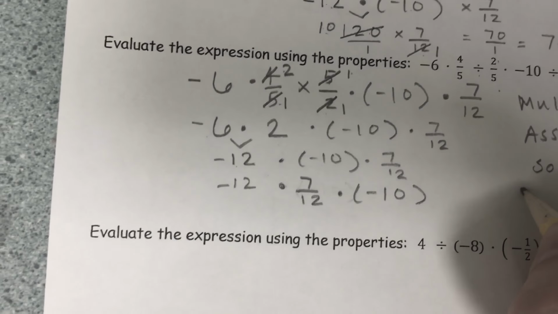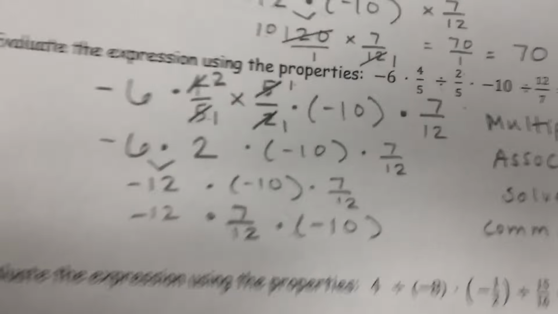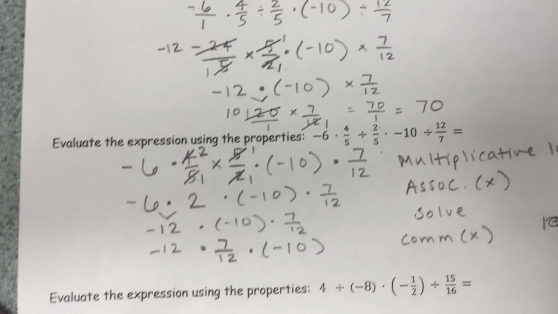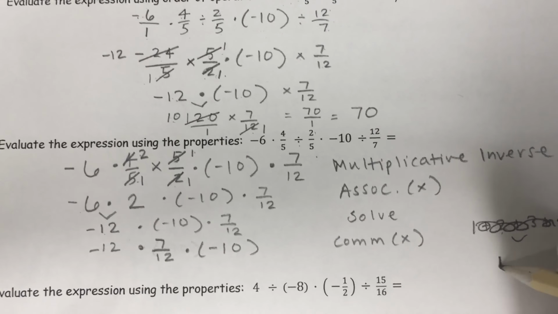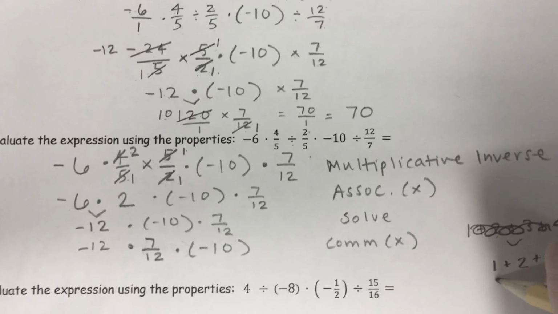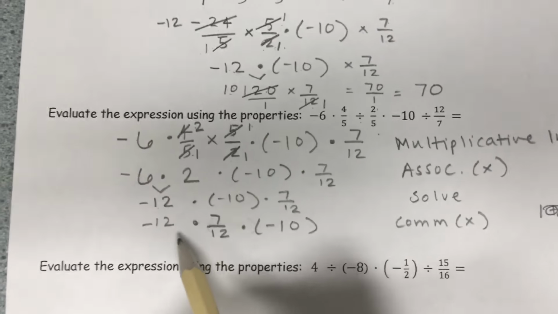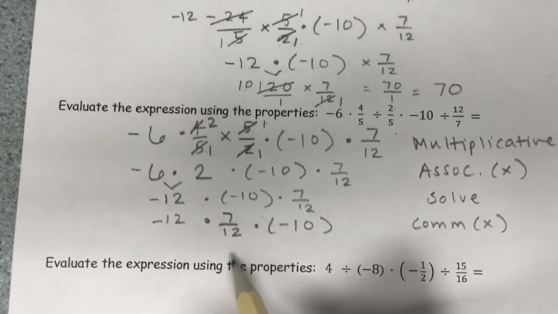Rearranging the order, that's our commutative property of multiplication, which is also similar to the commutative property of addition, because the commutative property of addition said 1 plus 2 plus 3 is the same thing as 1 plus 3 plus 2. Well, that's the same thing with our multiplication. We can put it in any order.